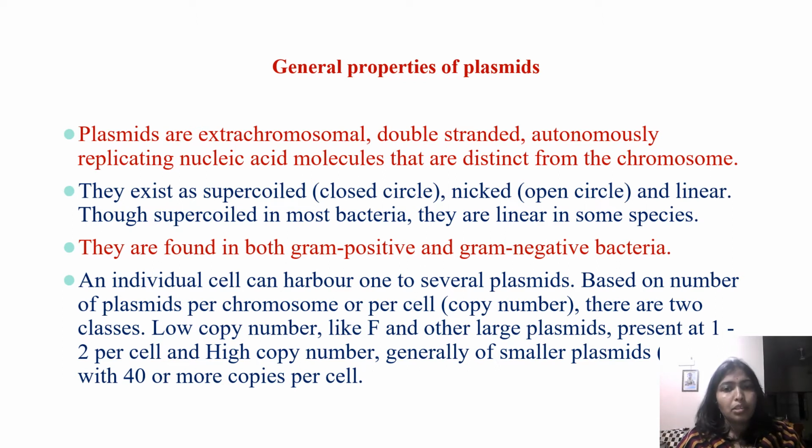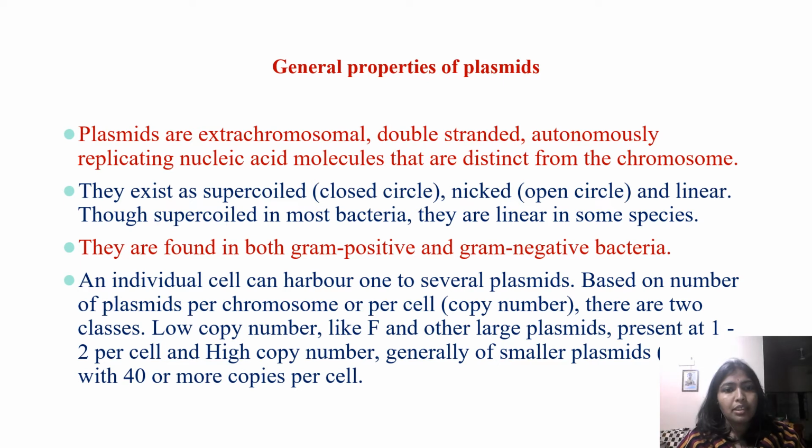It depends on what type of bacteria you have, and accordingly the structure is like that. They are found in both gram positive and gram negative bacteria, and individual cells can harbor one to several plasmids, based on the number of plasmids per chromosome per cell. That is, we can say the copy number.